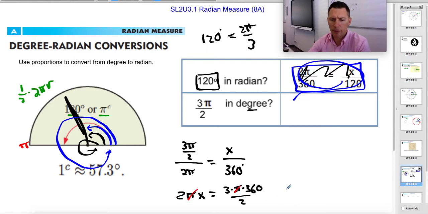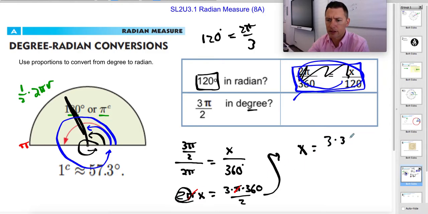This is 360. You get x on this side, and you can just run it through your calculator if you like, but once we divide this 2 off of both sides, this is 3 times 360 over 4, and I think that simplifies.